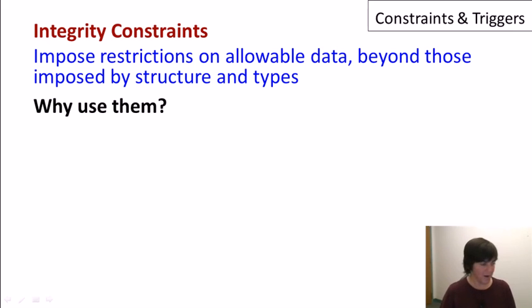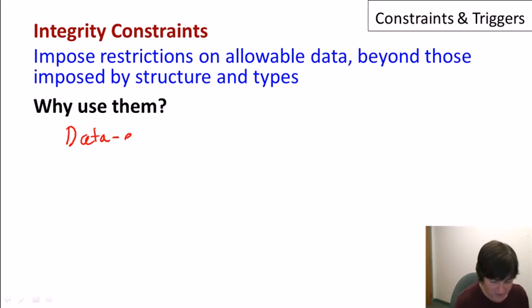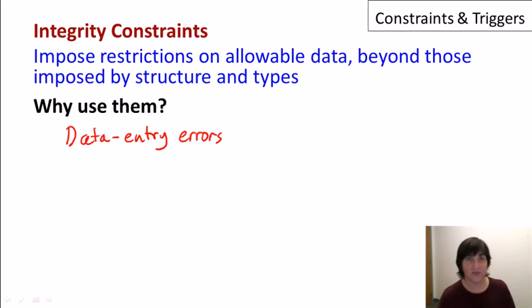So why do we want to use constraints? Well, there's several reasons. Actually, one very practical reason is just to catch data entry errors. So if we have constraints that just say that the values of the data are in a reasonable range, for example, our GPAs or our enrollments, then if somebody tries to enter data that violates the constraint, they probably were just making a mistake.